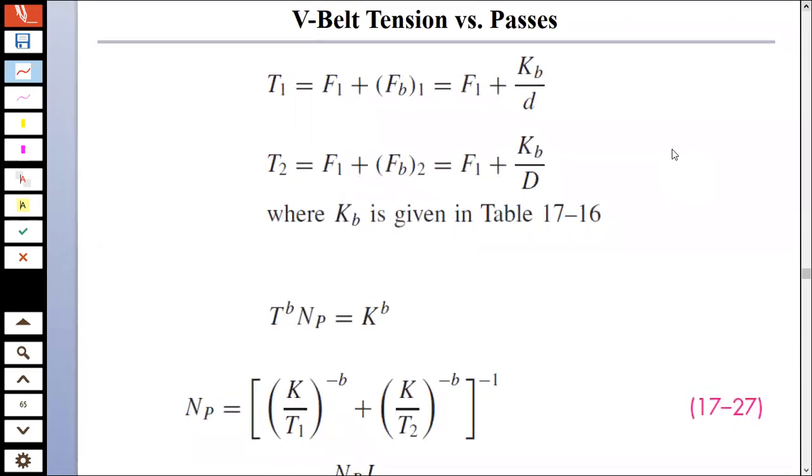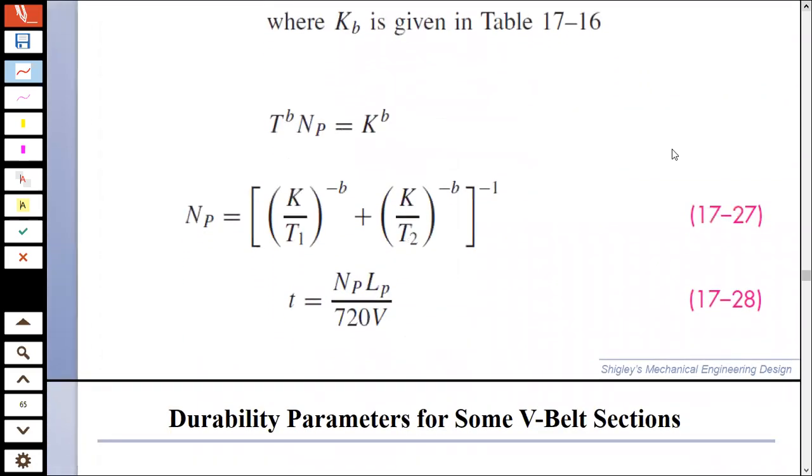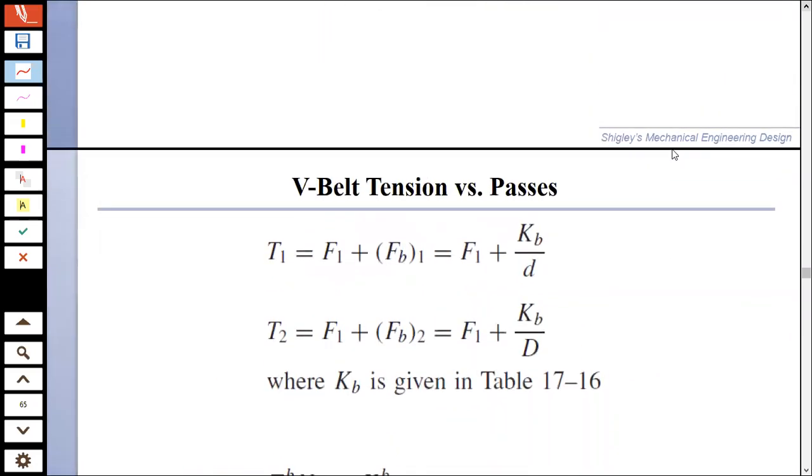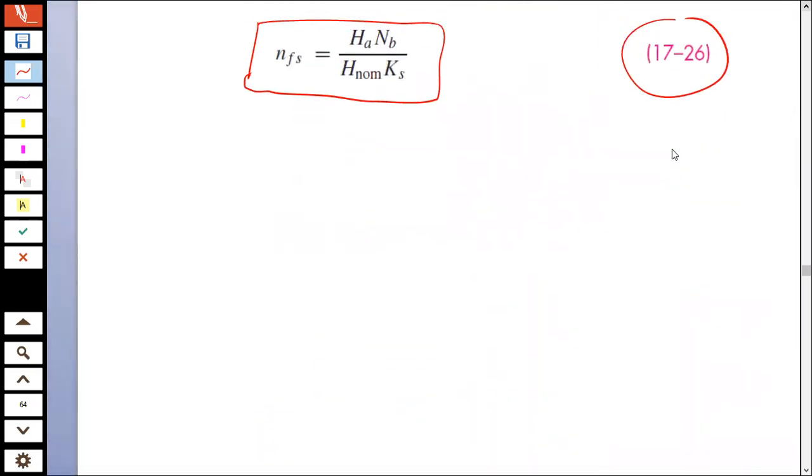You can also look at the life of a belt. देखिए, you can measure the life of a belt in 2 ways. One is revolutions.